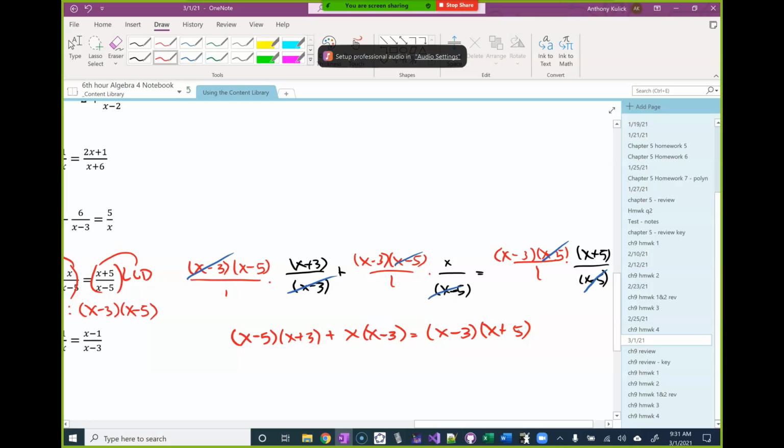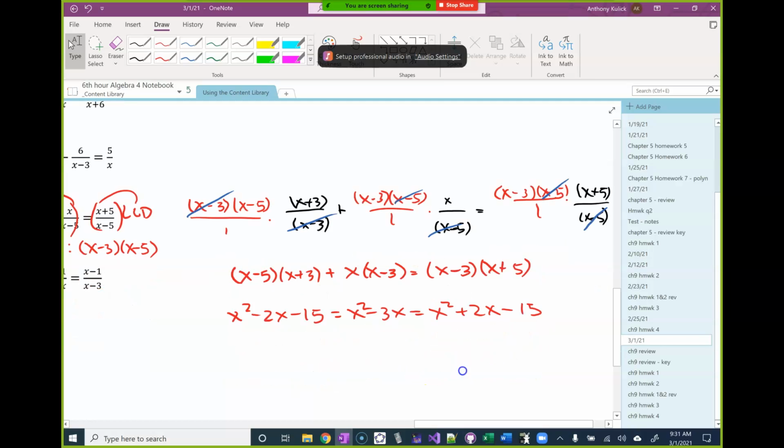Okay, I'm going to multiply all this stuff out now. So I have x squared minus 2x minus 15 equals x squared minus 3x. Now I'm going to combine like terms and move everything onto one side.